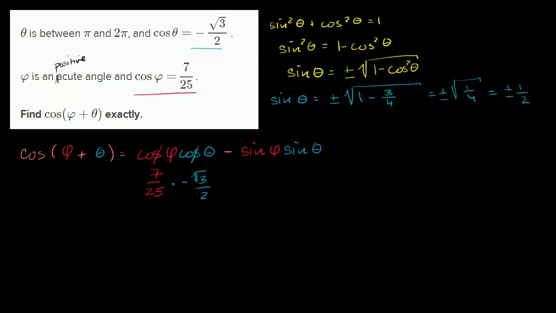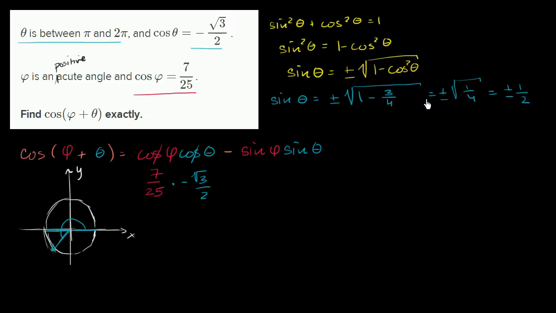Well, to think about that, we could draw ourselves a little unit circle here. So that's my y-axis. That is my x-axis. Let me draw a little unit circle here as neatly as I can. Now what do they tell us about theta? They tell us that theta is between pi and 2 pi. So our angle, the terminal ray of the angle is going to be in the third or fourth quadrants.